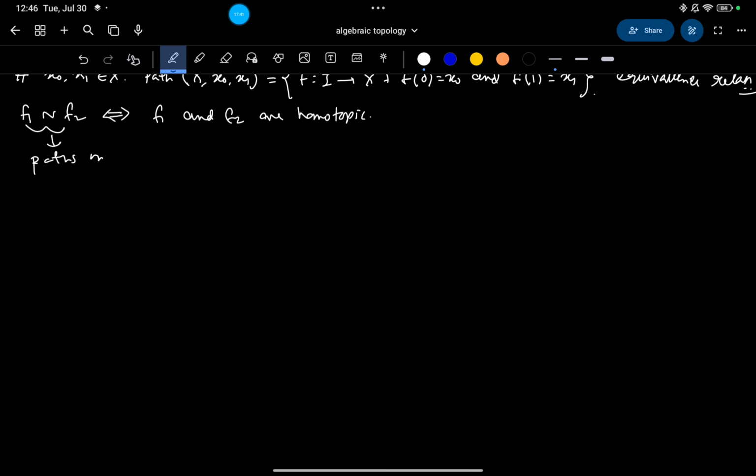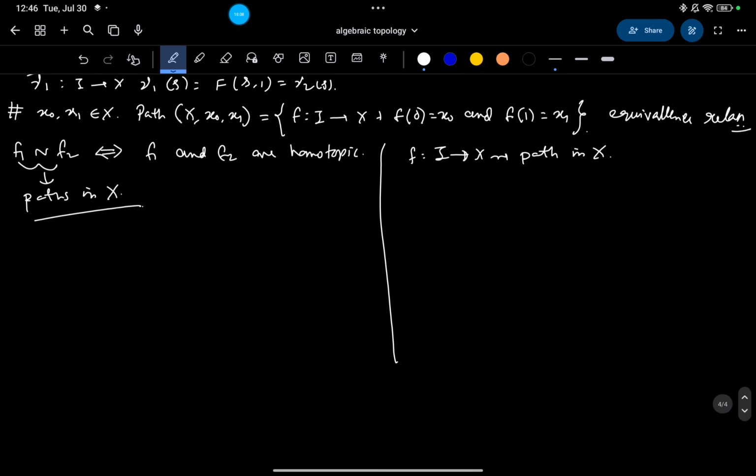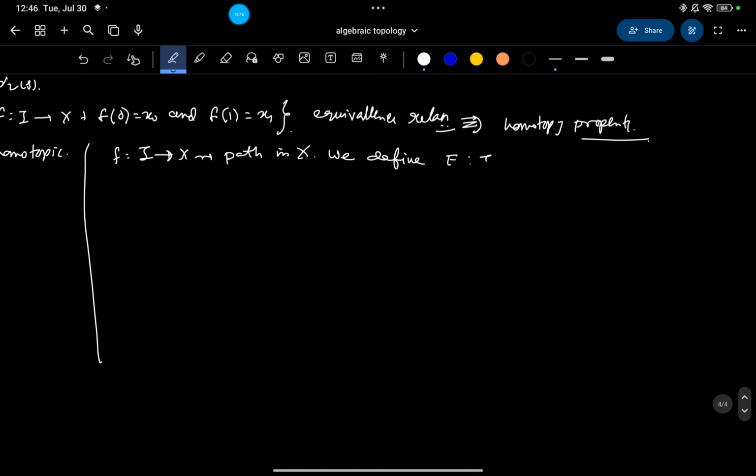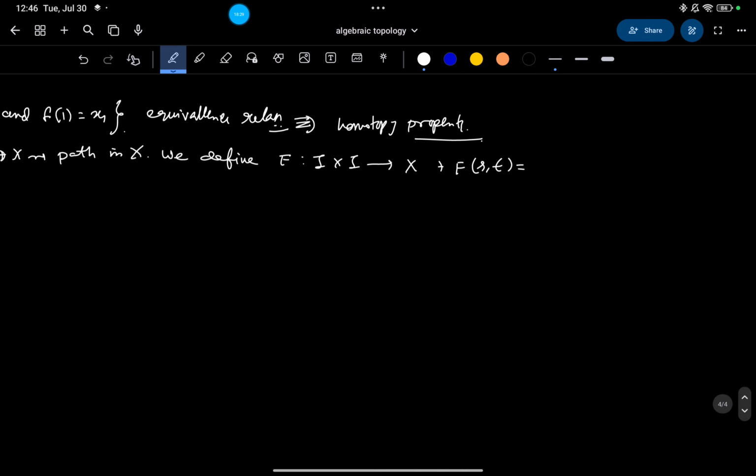So let's take f from I to X, a path in X. Then we define capital F from I cross I to X such that F of s comma t is itself small f of s.